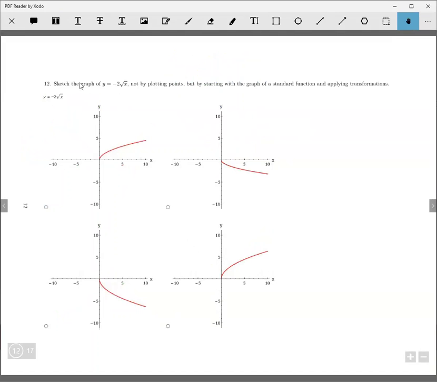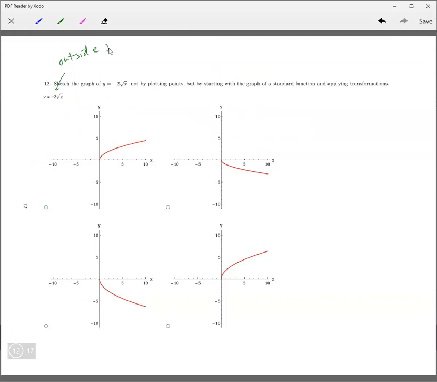Okay, let's move on to the next one. Here, both of these are outside. You have a negative sign.